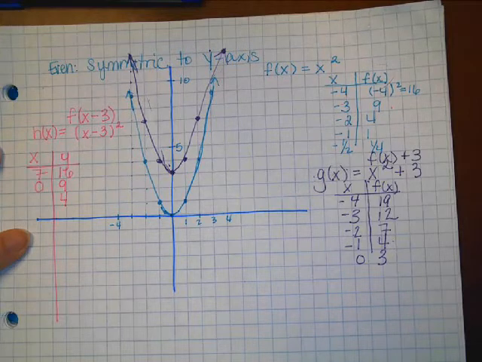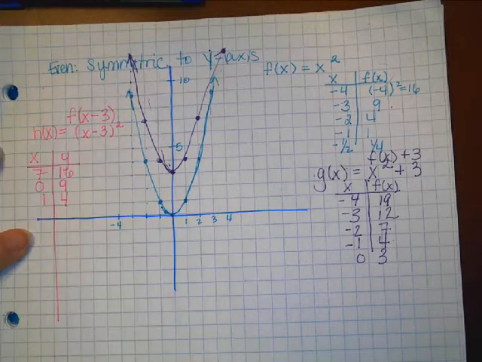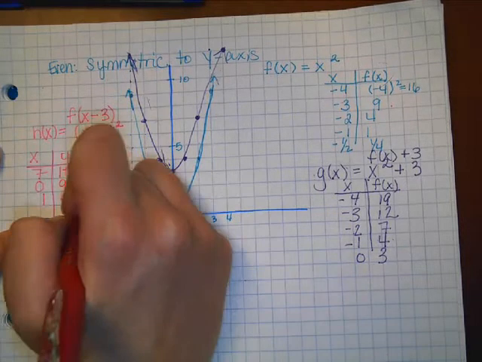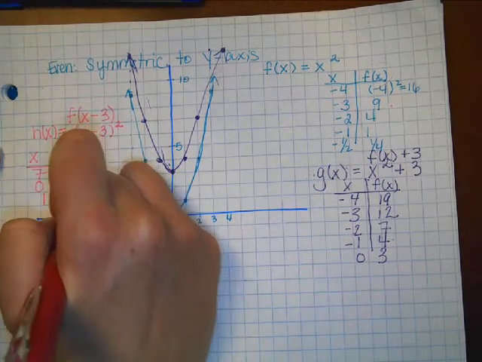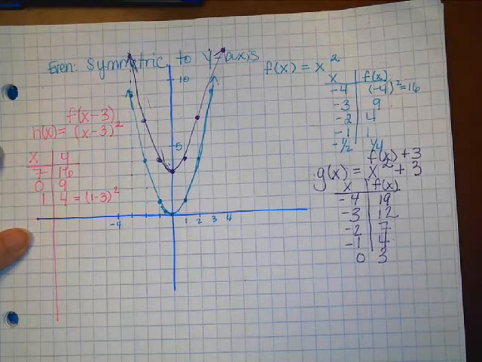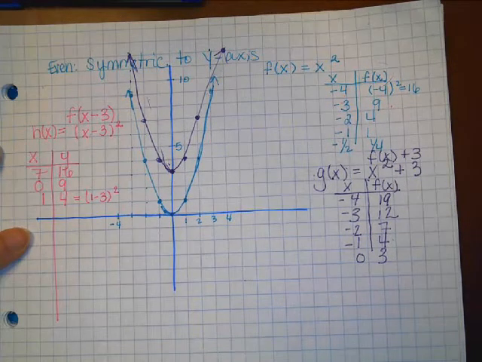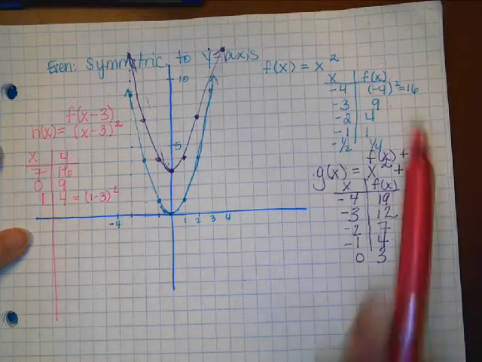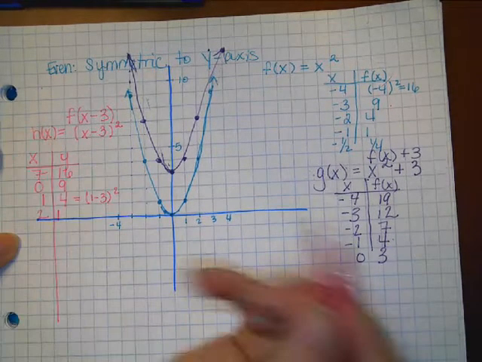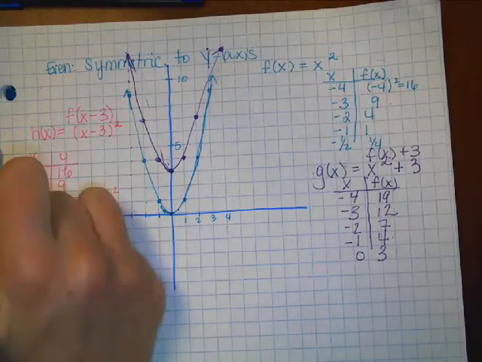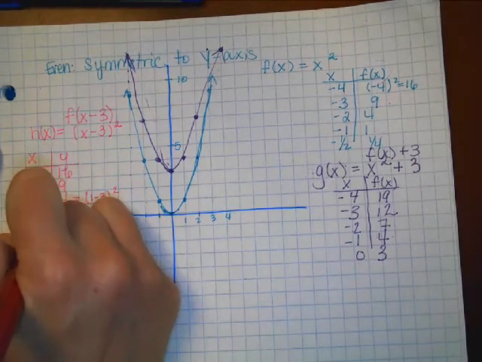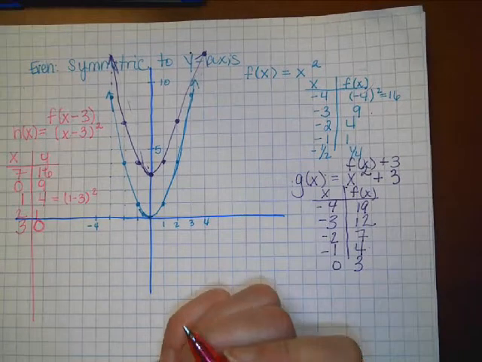At -2, change the x value, add 3, and I get 1. When x is 1, y is 4, because I would have 1 minus 3 squared, which is -2 squared, which is 4. All right. Now at -1, add 3, I have 2. And then 0, it used to be 0, 0.